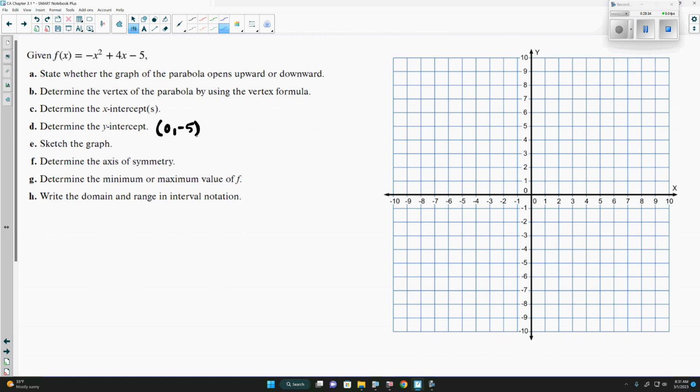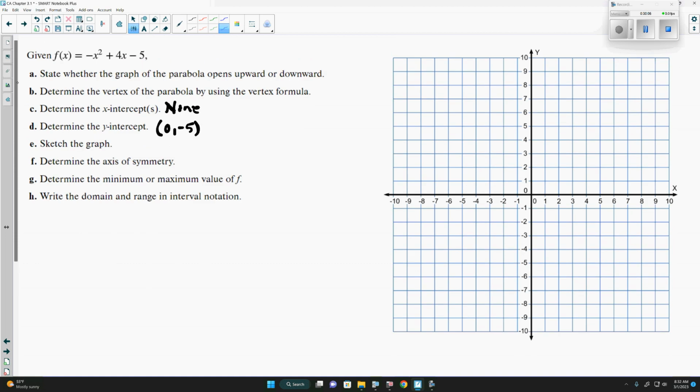Where did it cross the x-axis? It didn't. So this is none. With any quadratic equation, no matter where it's placed, as long as it's y equals, we're going to have a y-intercept. We might not always have an x-intercept.